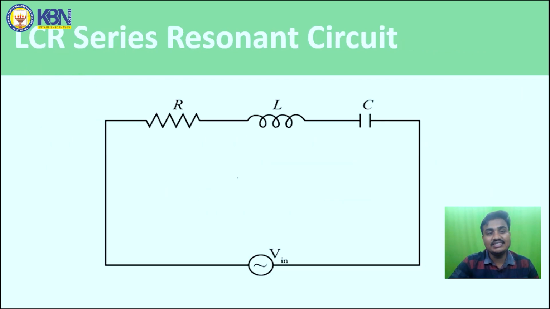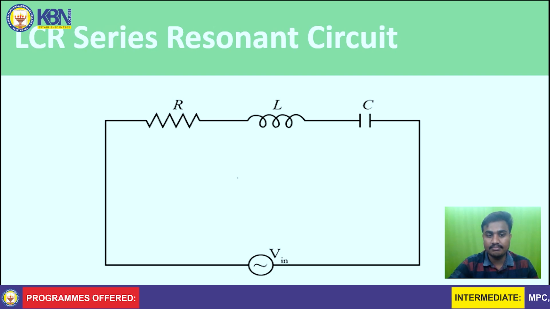Coming to the LCR series resonant circuit, this is how it will look. In the LCR series circuit, L is called the inductor, C is called the capacitor, and R is called the resistor, and this is the AC power supply.